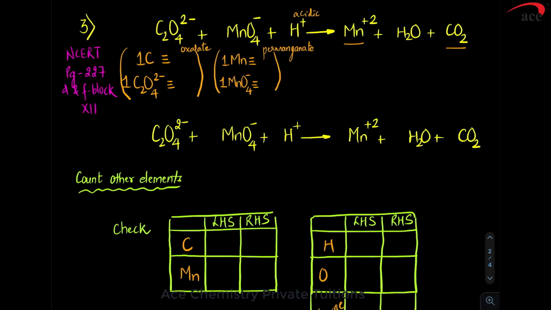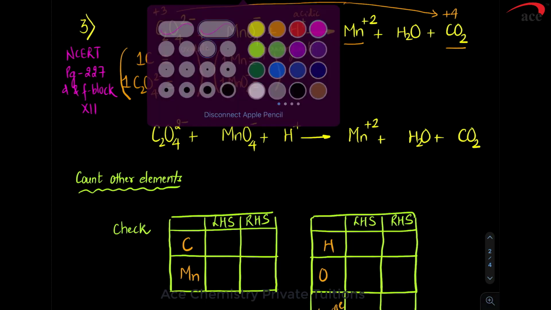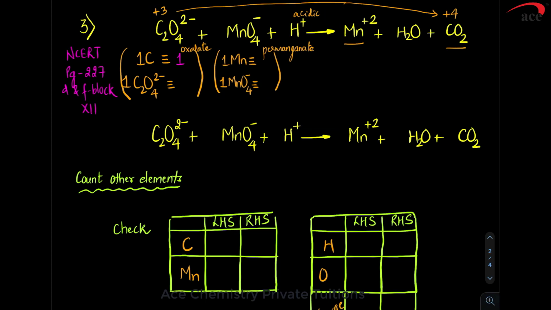This is what is happening. What is the oxidation state of carbon in oxalate? +3. And what is the oxidation state of carbon in carbon dioxide? +4. So, what is the change in oxidation state of carbon? Answer is, it changes by 1, +3 to +4.